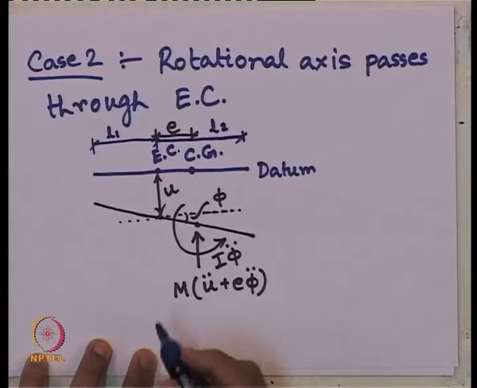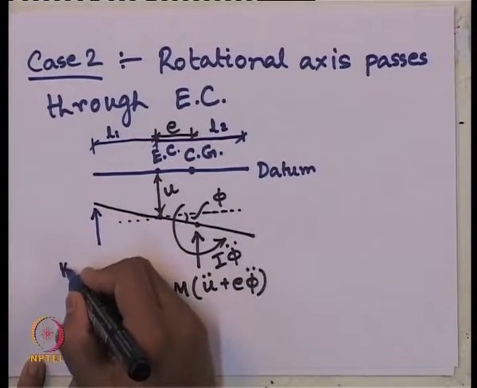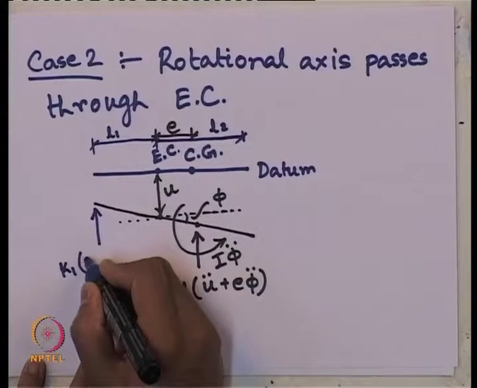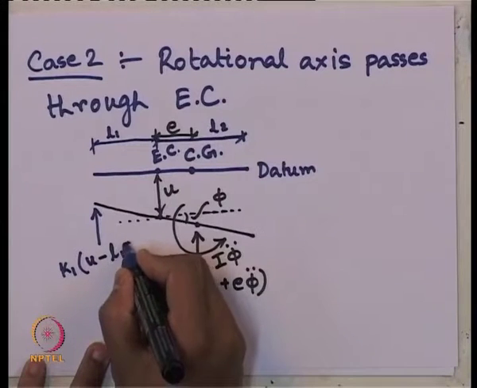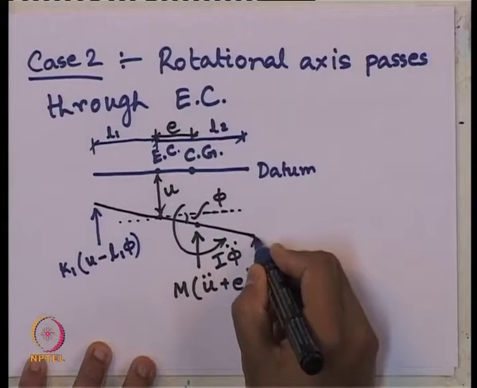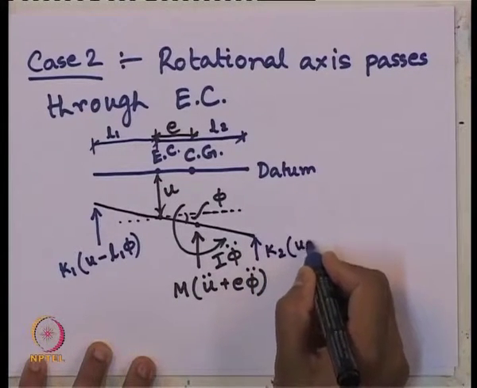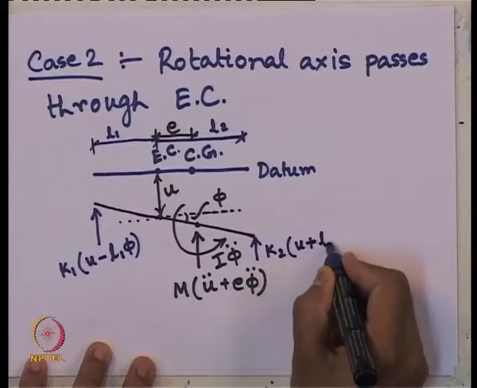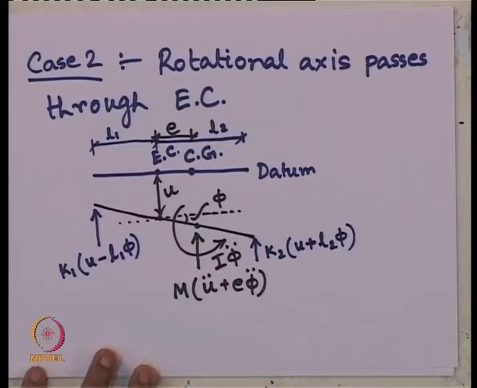So, at this end the spring force should be K1 times u minus small L1 times phi, and at this end the spring force should be K2 times u plus small L2 times phi. Okay, so the free body diagram is complete. These are the forces now acting on the beam.